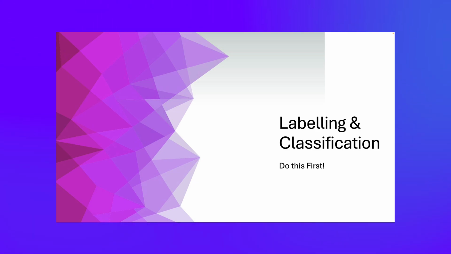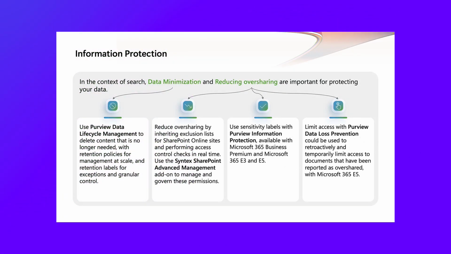Then finally we come to, or not finally, but next we come to labeling and classification. So super important. It's your data. You control your data. Okay. And what we need to think about here is keep it simple and small. So data minimization. We want to reduce the potential for oversharing your data.